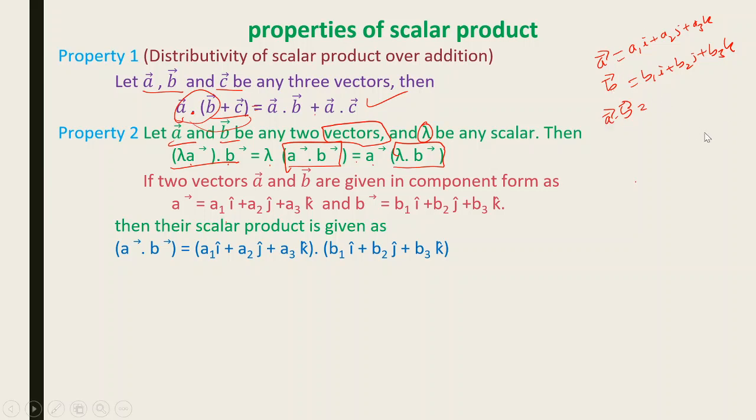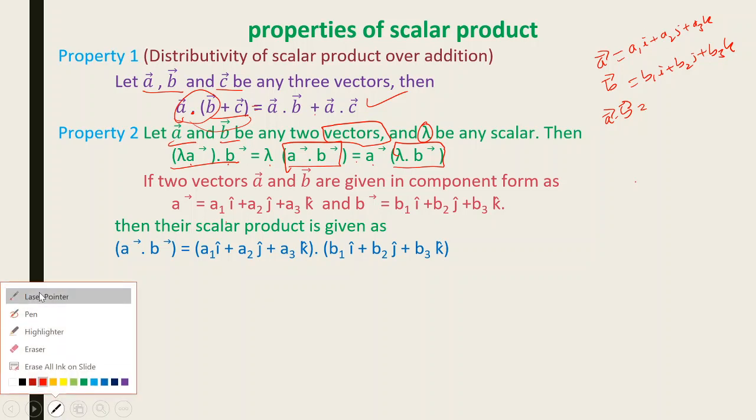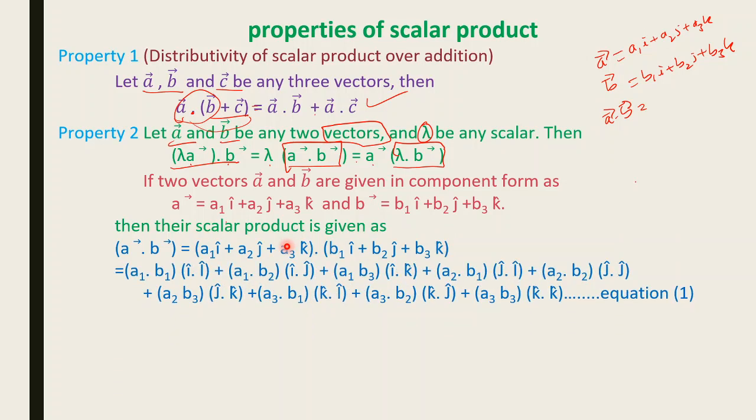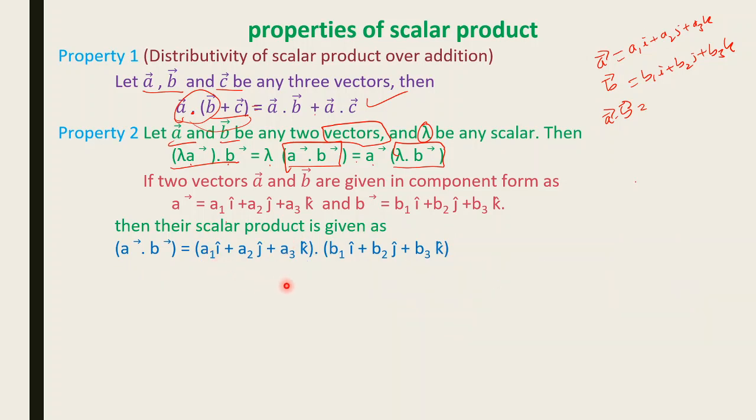Then the scalar product, when vector A and vector B are in component form: vector A dot vector B, where this is full vector A and this is full vector B. Just multiply: A1 B1 i dot i plus A1 B2 i dot j plus A1 B3 i dot k.